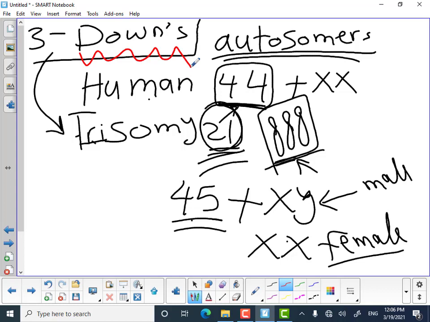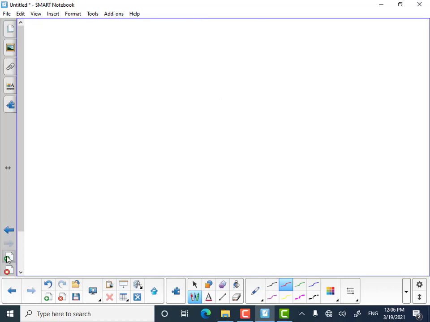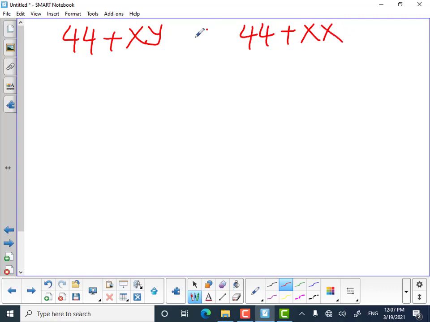We will now take an example about Turner, Klinefelter, and all types of abnormal babies. If a man is 44 plus XY, a normal male, crossing with a 44 plus XX female, what happens? There will be no problem in the division in the male.